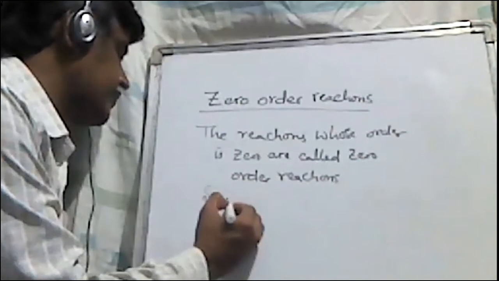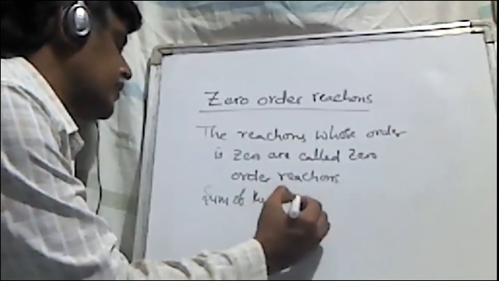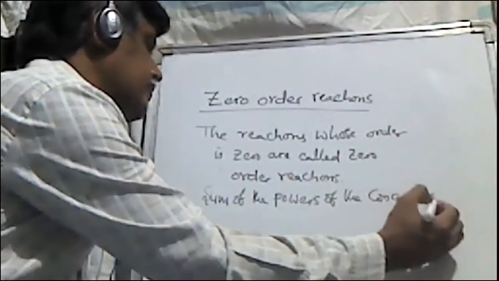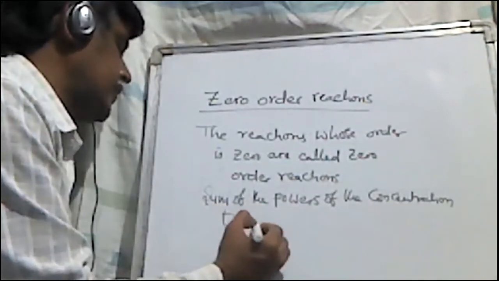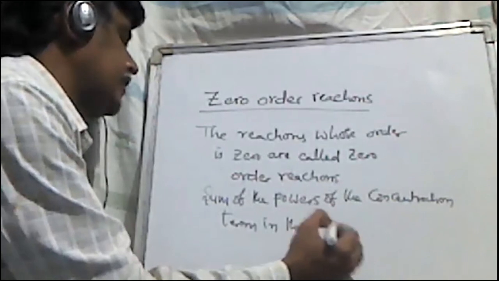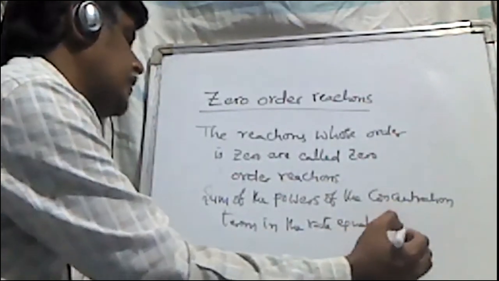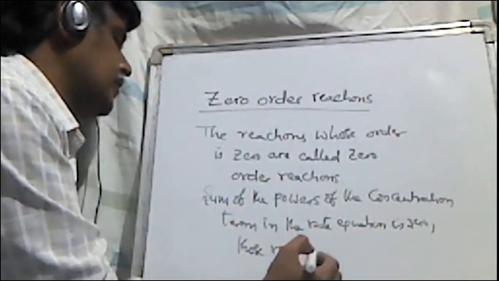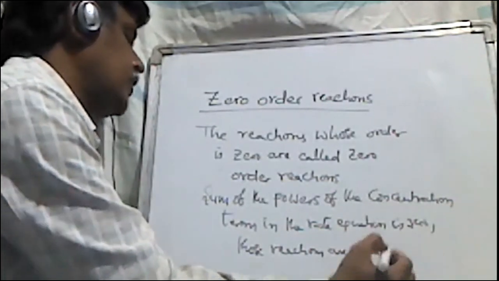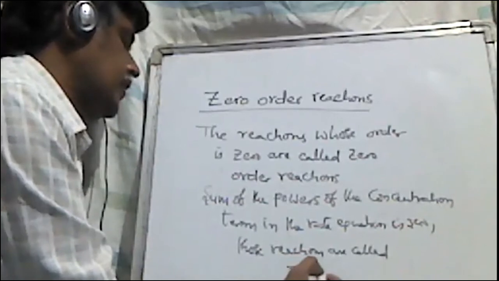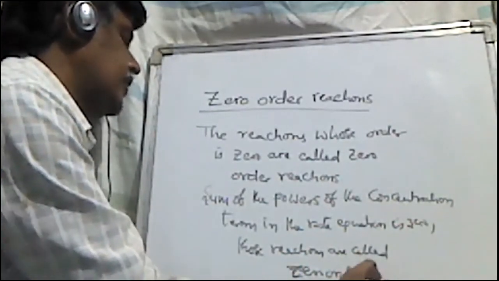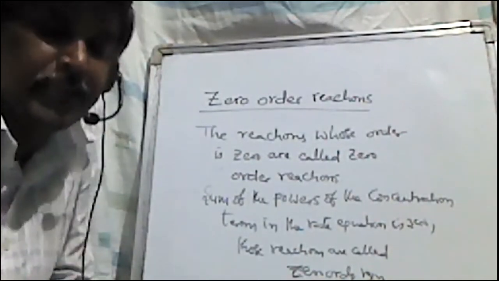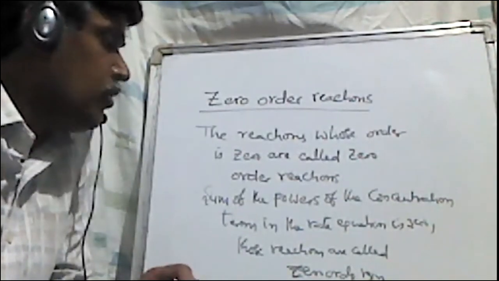Or the reactions for which the sum of the powers of the concentration terms in the rate equation is 0 are called zero order reactions.